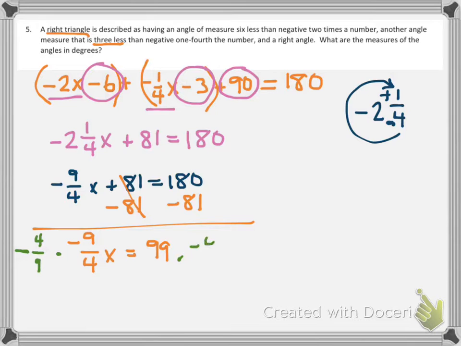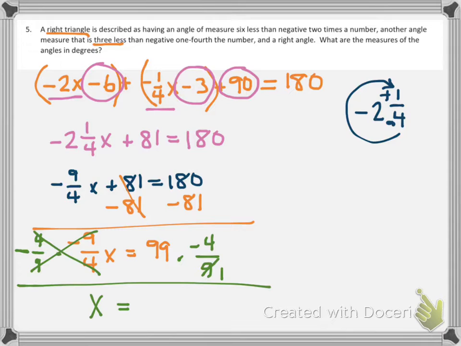We're going to multiply by a negative 4/9. All right, the 4's cancel, the 9's cancel. A negative times a negative is a positive, so it gives me a positive x. And then I can simplify here. I can say that 9 goes into 9 once, 9 goes into 99 11 times, and 11 times negative 4 is negative 44. And there is our answer for x.